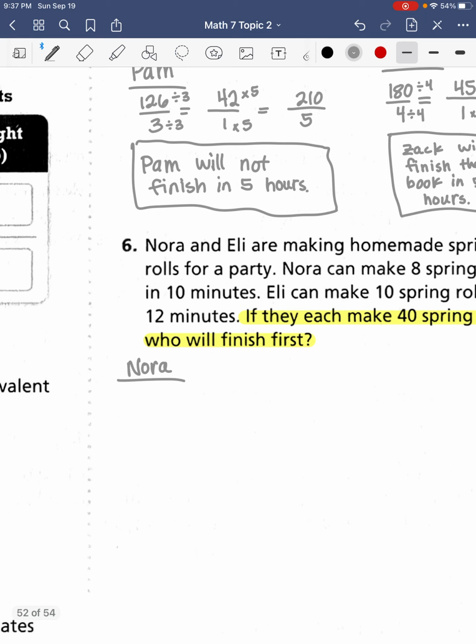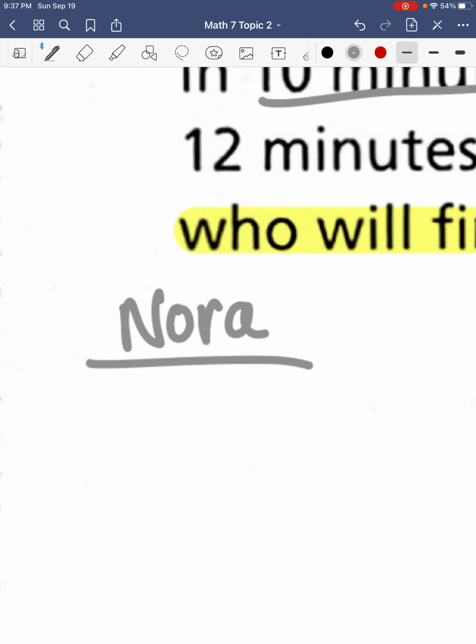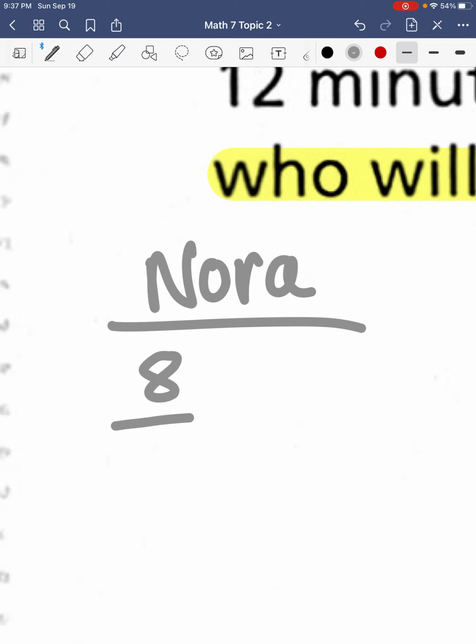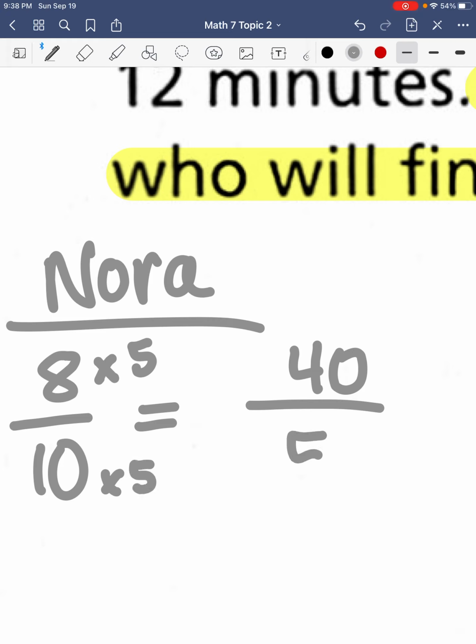So it tells us that she makes 8 spring rolls in 10 minutes. But we want to know how long it will take her to make 40 spring rolls. So how do I go from 8 to 40? Well, I simply multiply times 5, right? So I'm going to do the same thing on the bottom. So 10 times 5 is 50.